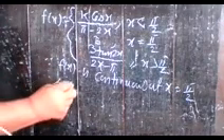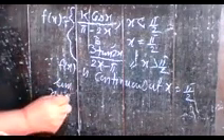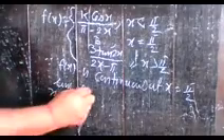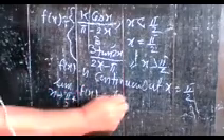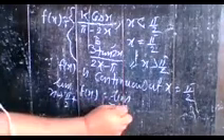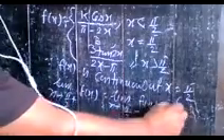So you write limit x tends to pi by 2 plus f of x is equal to limit x tends to pi by 2 minus f of x is equal to f of pi by 2.